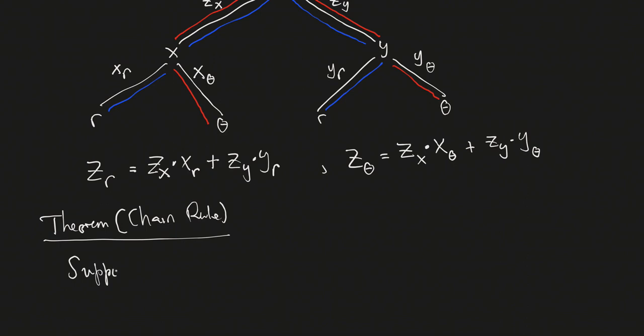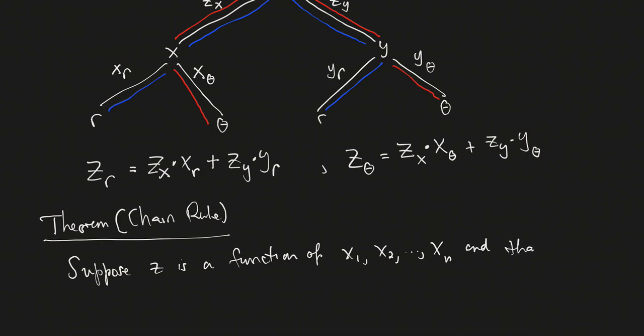Suppose z is a function of, let's say, x1, x2, up to xn. I don't know how many of them, but lots of them.